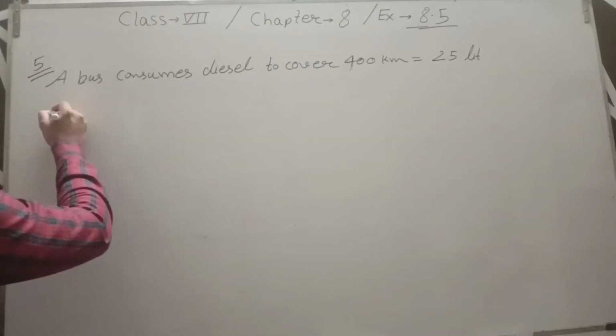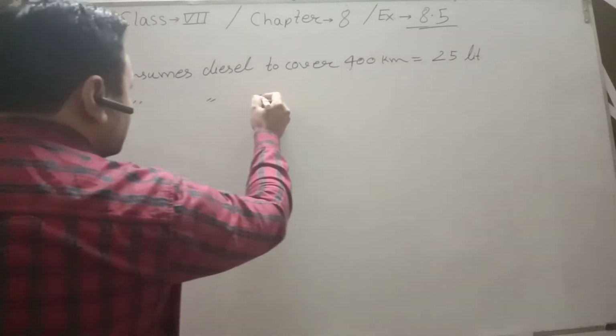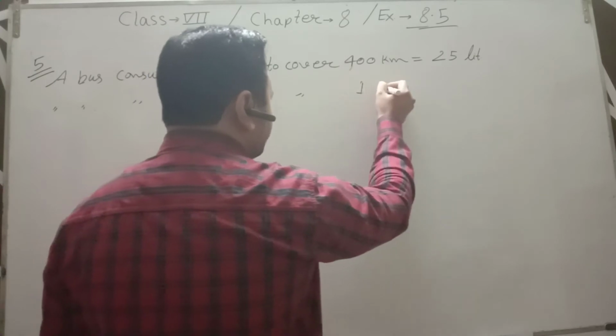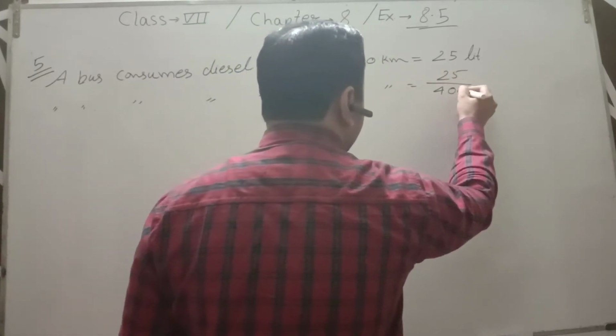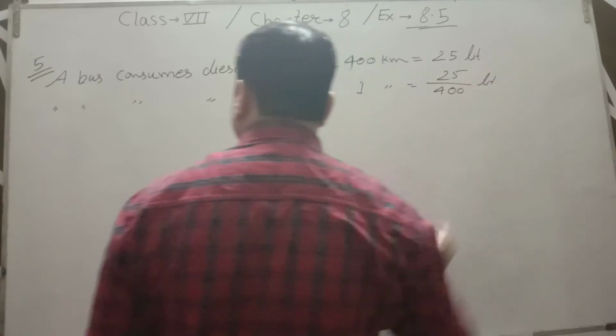सो अ बस कंज्यूम्स डीजल टू कवर 1 किलोमीटर: 25/400 liter.